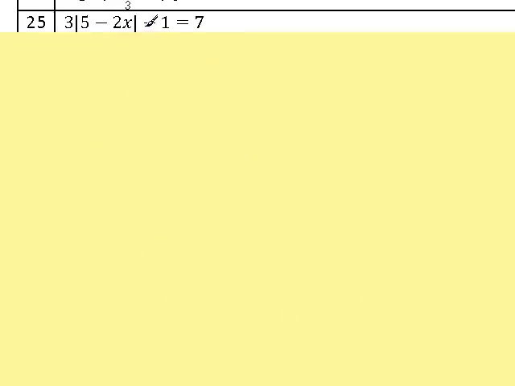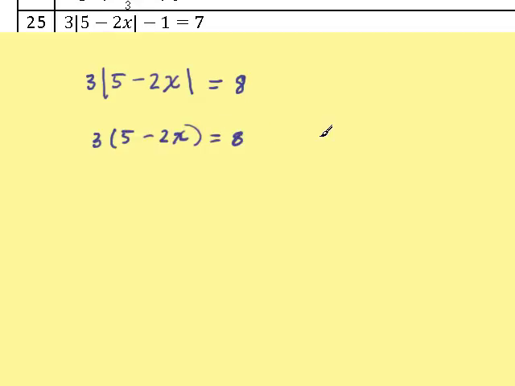And number 25, start by isolating the term with the absolute value. And now we're ready to open up the absolute value, and we're going to have two equations. 3 times 5 minus 2x is equal to 8, and 3 times 5 minus 2x is equal to negative 8.